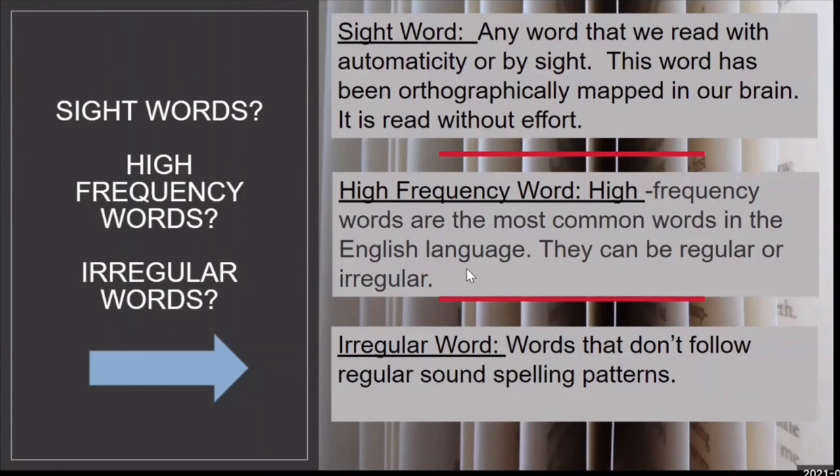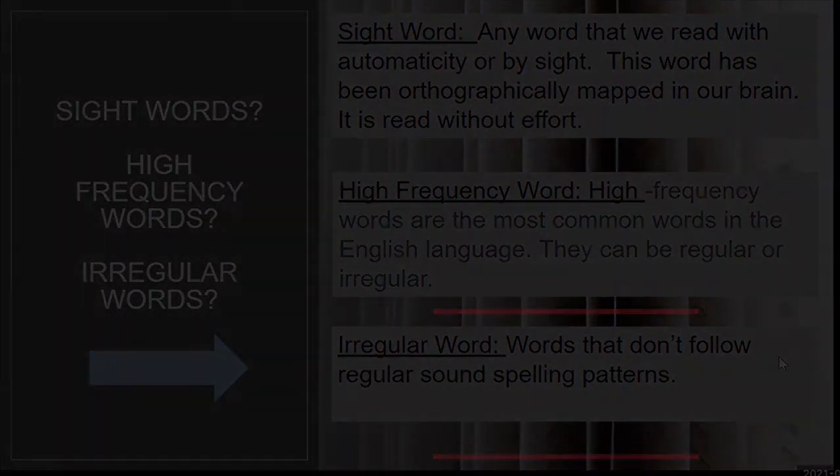A high frequency word can be called that even though it's decodable. The programs will say it's not decodable because that sound spelling card hasn't been taught. So it gets complicated, but by second grade and beyond, when all the graphemes have been introduced, that shouldn't be an issue. An irregular word is a word that doesn't follow regular sound spelling patterns.